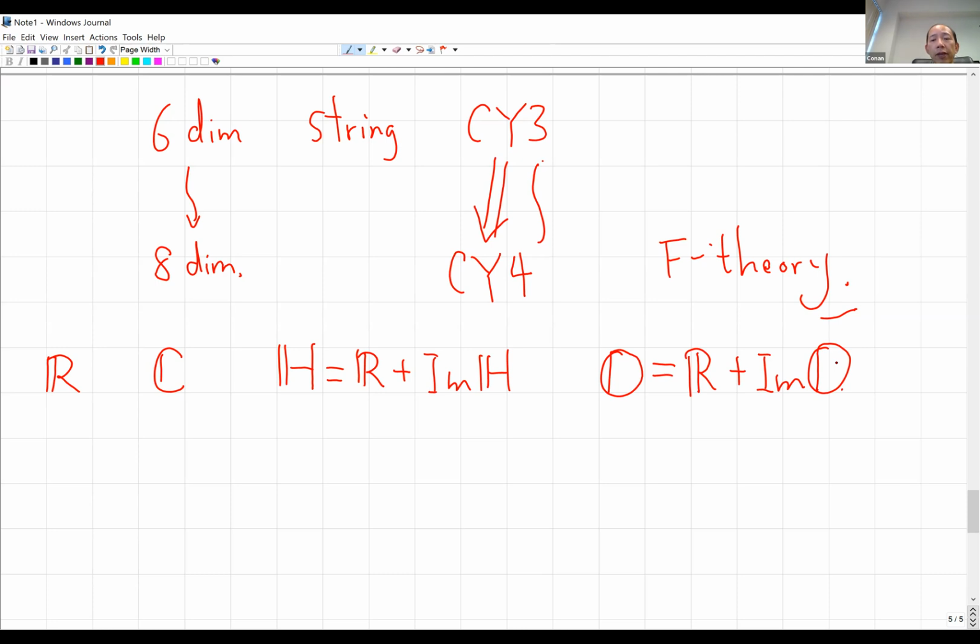If you pick out one direction in an oriented theory, it becomes a 7-dimensional theory. This is related to M theory in this case.